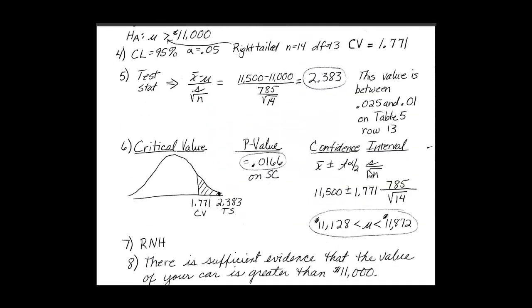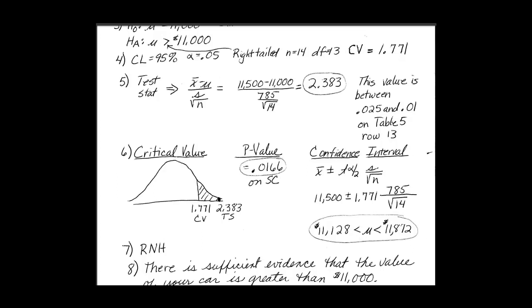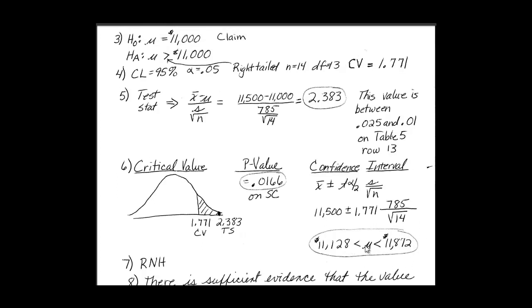So let's go back here. When we plugged in and used our formula and did this by hand, we came up with the same thing. And we are finding that mu must be between this lower limit and this upper limit. When we think about this, the dealer is claiming that the mean of your car values is 11,000.